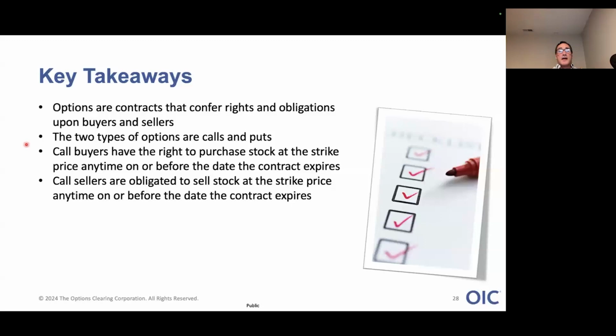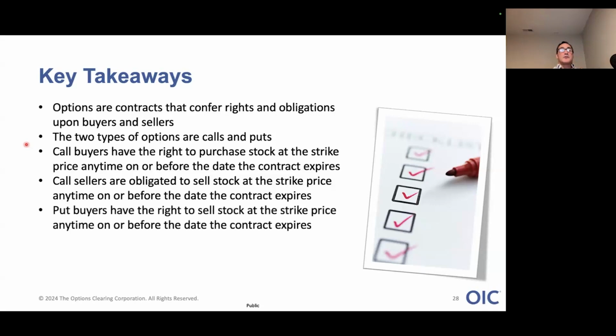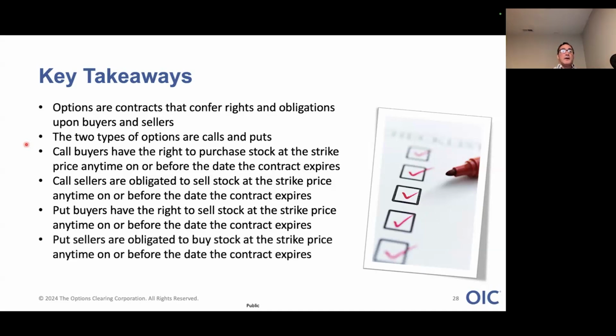Call sellers have the obligation to sell stock at their strike price at any time on or before expiration. Puts are just the opposite. Put buyers have the right, but not the obligation, to sell stock at their strike price on or before expiration. And the put seller, by taking in that premium, is obligated to buy stock at their strike price at any time on or before expiration, should the long holder exercise.